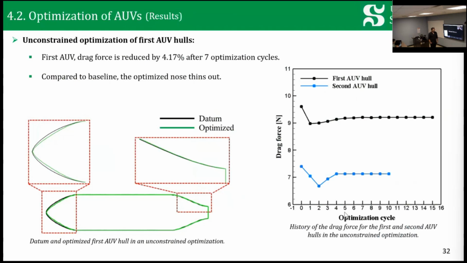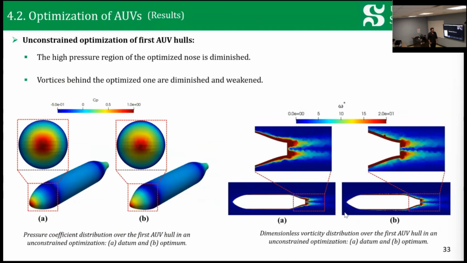Compared to the baseline, the optimized nose is thinner. The high pressure region around the nose for the optimized one is diminished compared to the initial one, and also the vorticity behind the tail of the optimized one is smaller.